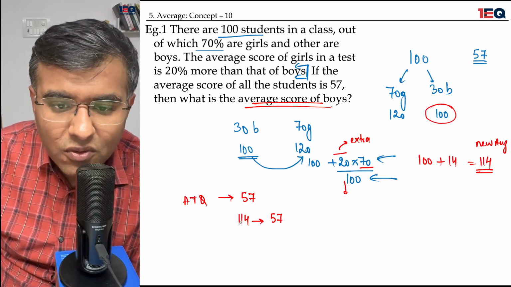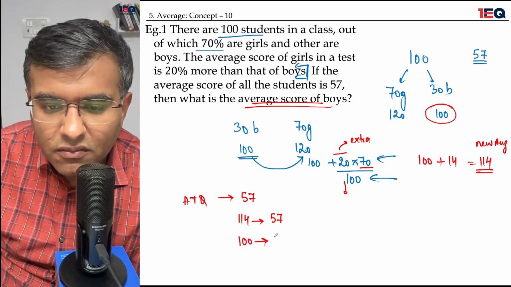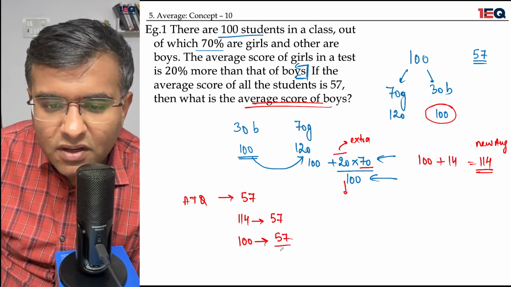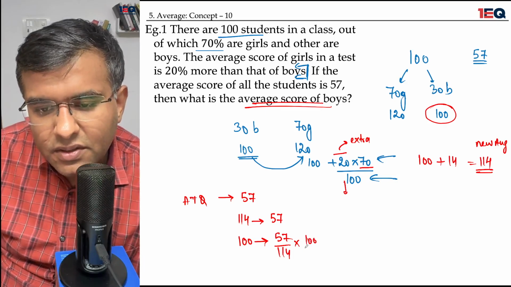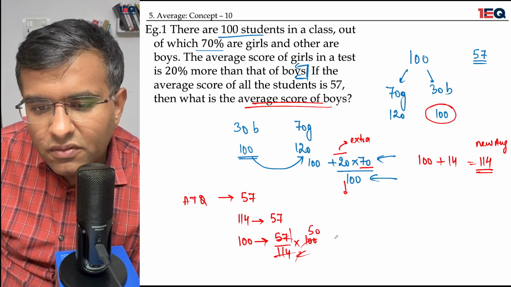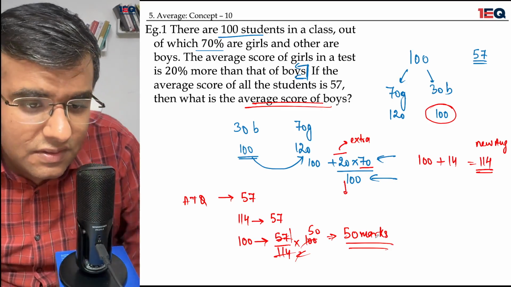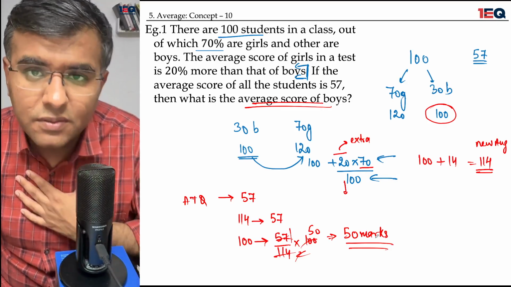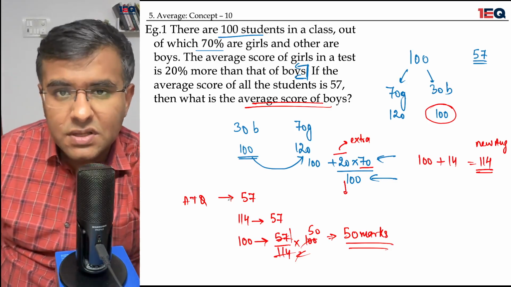So if the value of 114 is 57, then the value of 100 would be 57 upon 114 multiplied by 100. 57 ones are 57, twos are 114, so this gives me a value of 50 marks. This means the average score of all the boys was 50 marks.